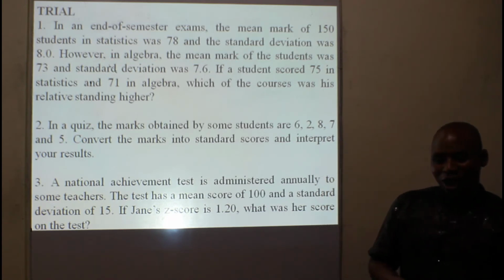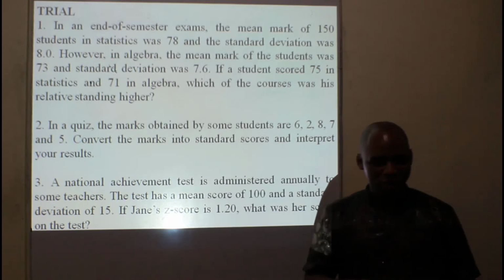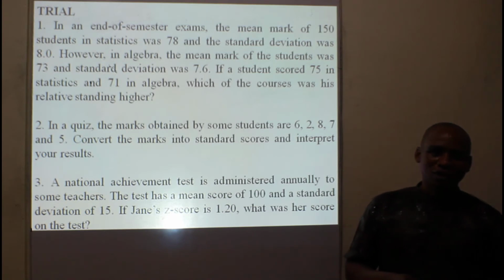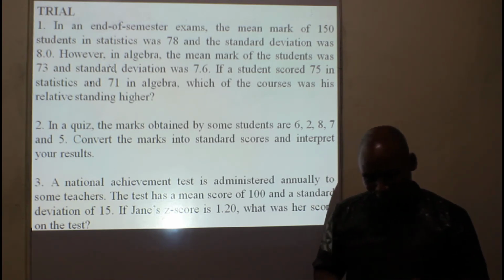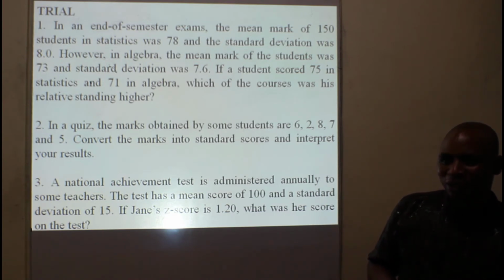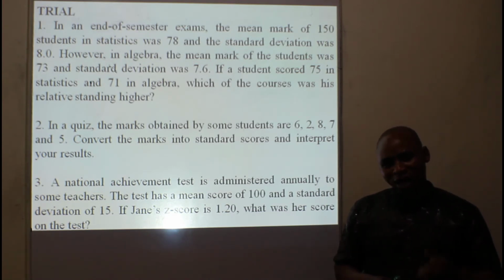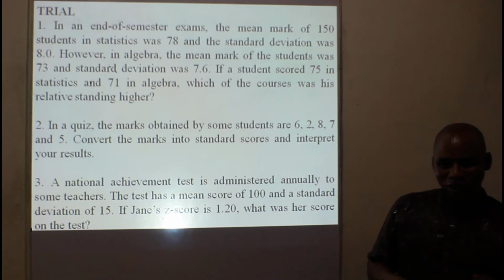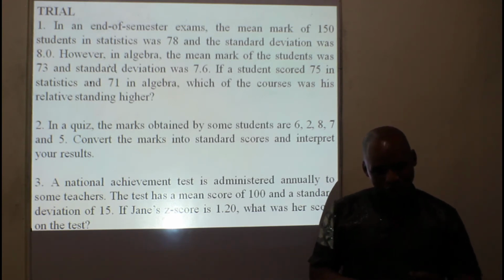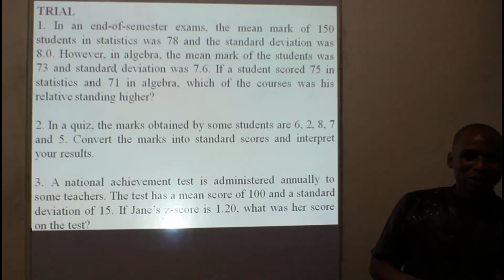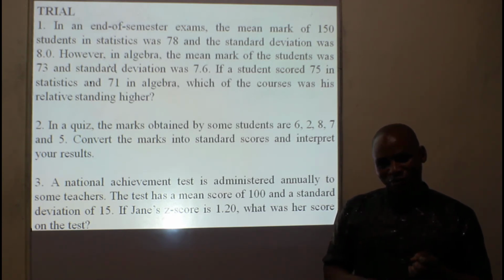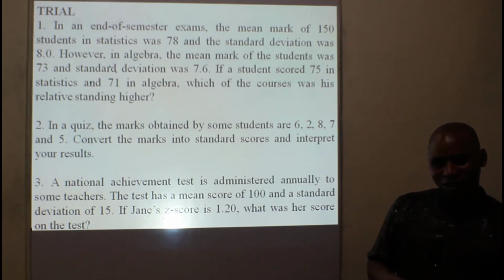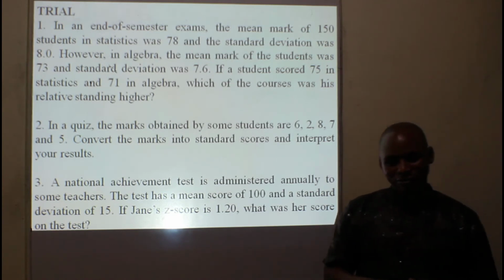Now, let's consider these few points. When the z-score is positive, you consider the one with the highest value. In the case of exam scores, it means the student's relative standard is higher than the one which is less.